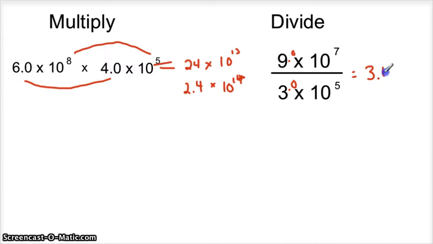So that would be 3.0 times, and you subtract the exponents, which is easy, 10 to the 2nd power. Wasn't that easier than getting those into bigger digits and then dividing them? Much easier. And 3.0 times 10 to the 2nd power is your answer there.